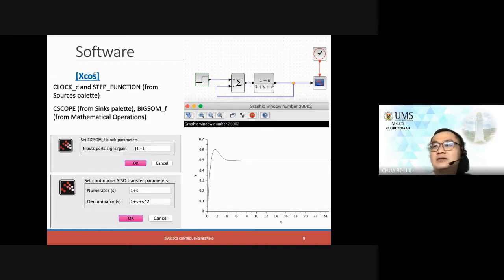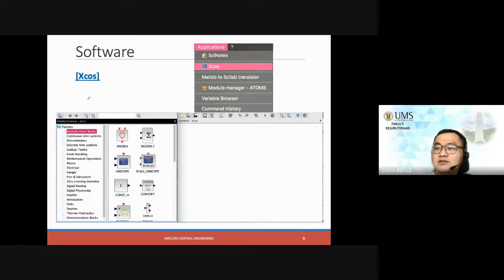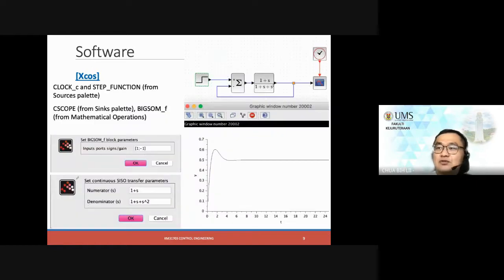You look for CLOCK_c and STEP_FUNCTION from the source palette. Source palette means you just go to palette, source palette. Just click it, then you should be able to find the clock and the step. Just drag it out. So this is the clock, this is the step. Then you also look for the CSCOPE.